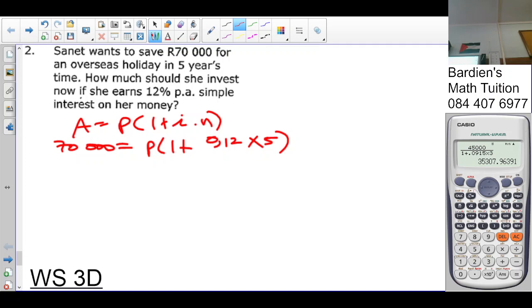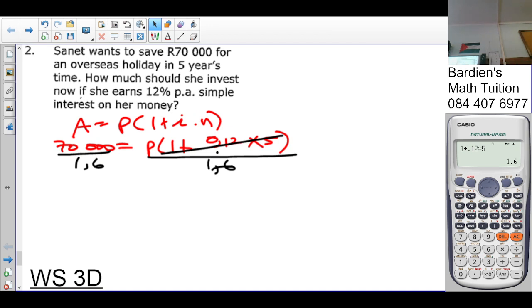Now one of two things can happen. You can actually calculate this value here on the calculator. You say 1 plus 0.12 times 5, which is 1.6. Can you see that? So I divide both sides by 1.6. Okay. So that gives us 70,000 over 1.6.